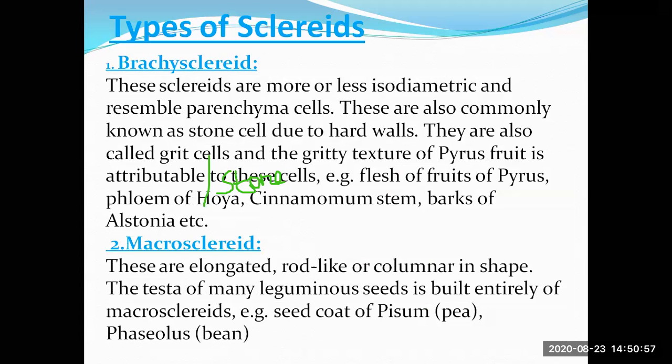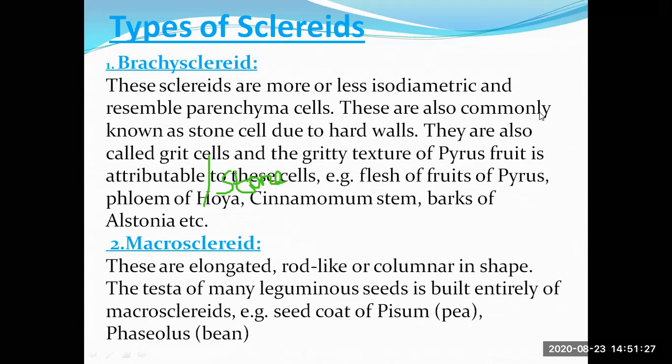They are more or less isodiametric in nature and resemble parenchyma cells, and also have a very hard cell wall. They are also called grit cells because of the gritty texture.